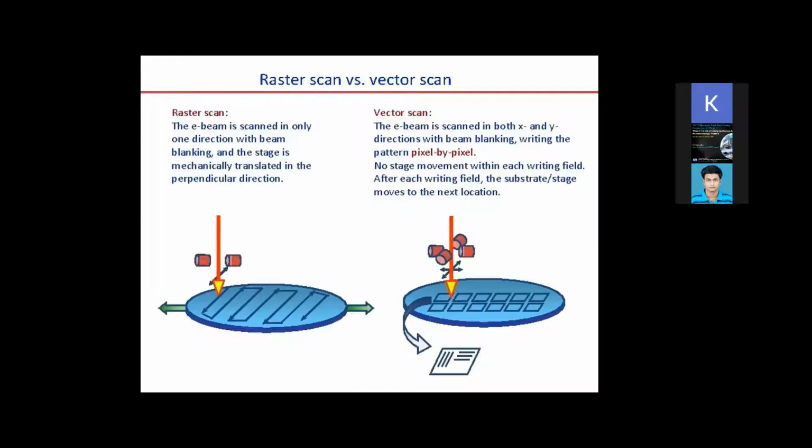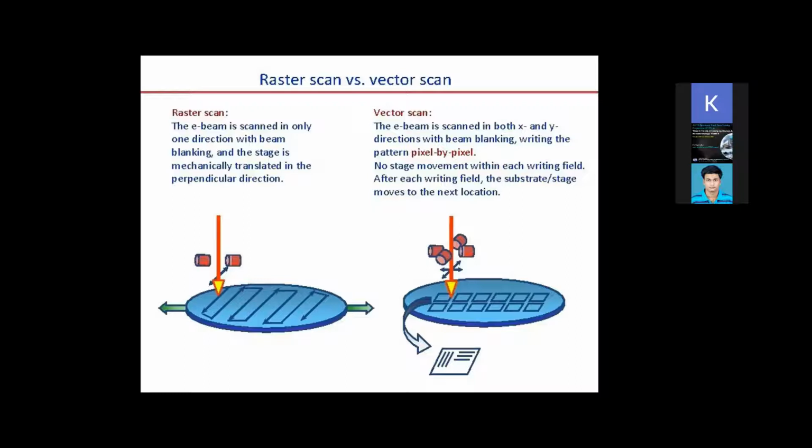While scanning, as you know, the electron beam has to ultimately scan over the resist. Now there can be two ways of scanning. Either it can be a raster scan or it can be a vector scan. What do you mean by a raster scan? In raster scan, the e-beam will only scan in one direction. Let's say it scans in the x direction, then it will scan in the x direction only.